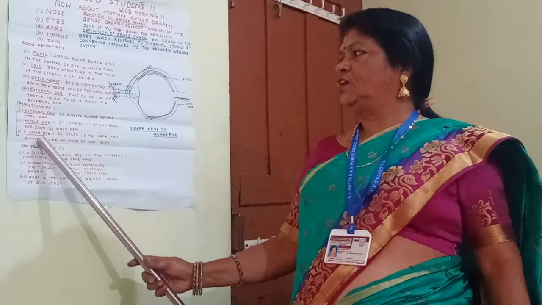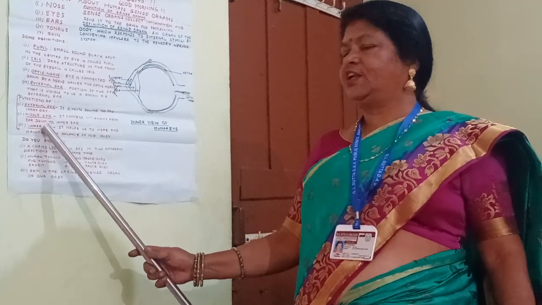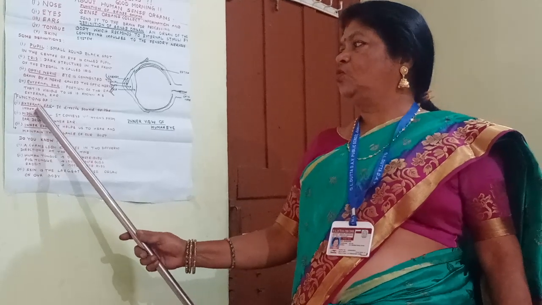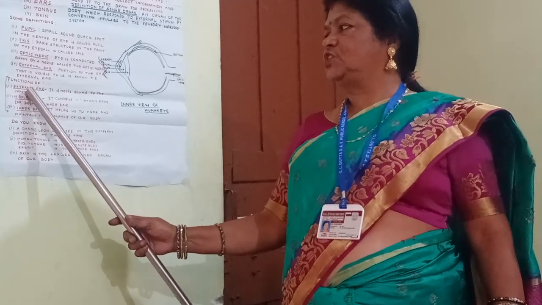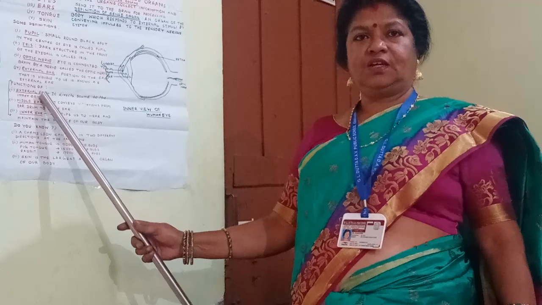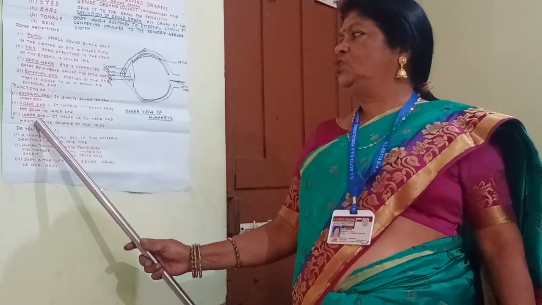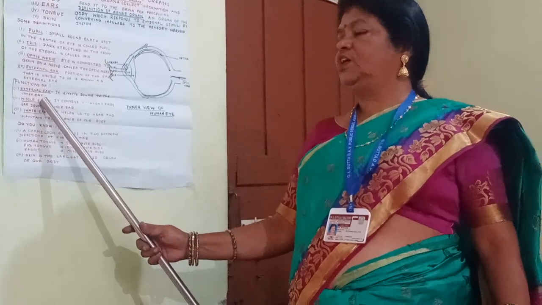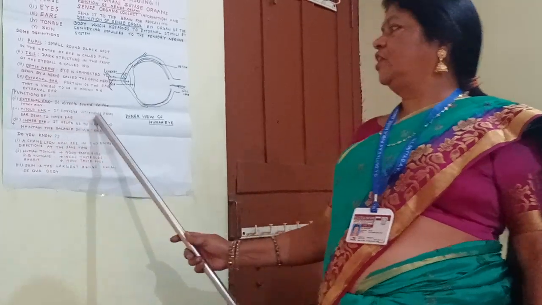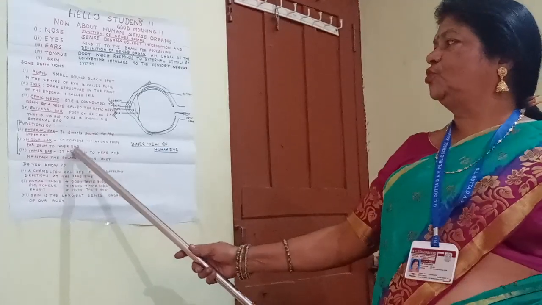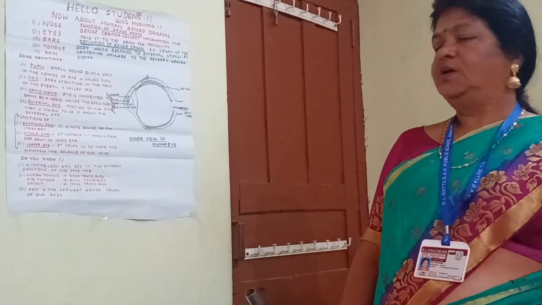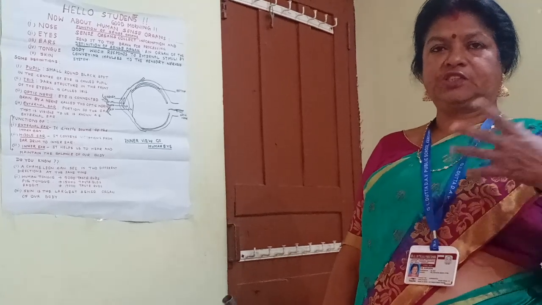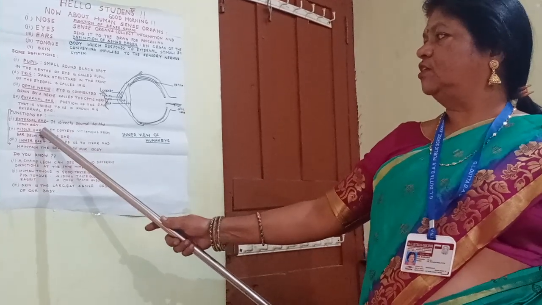There are three parts: external ear, middle ear and inner ear. So sound, after touching the external ear, is sent to the inner ear. And what is the middle ear? It conveys vibrations from the eardrum to the inner ear. Vibrations are sent with the help of the middle ear.